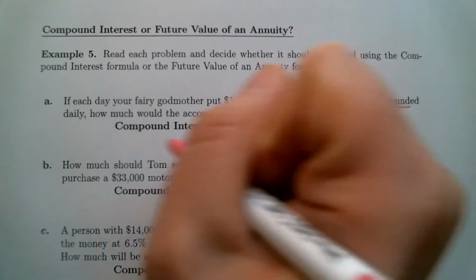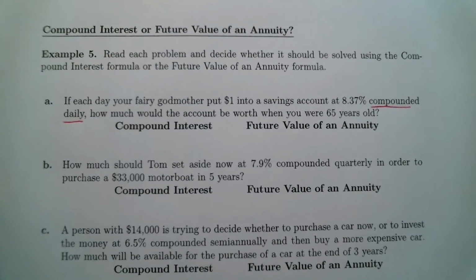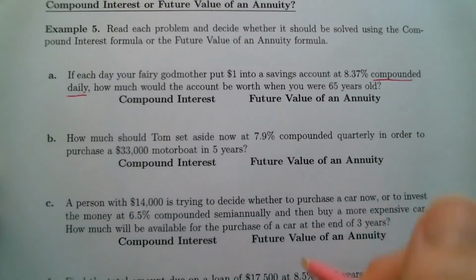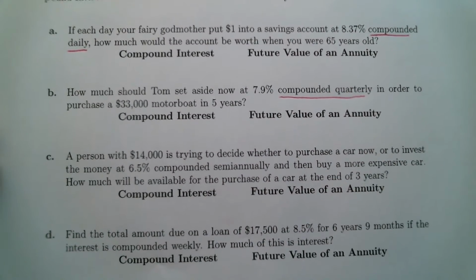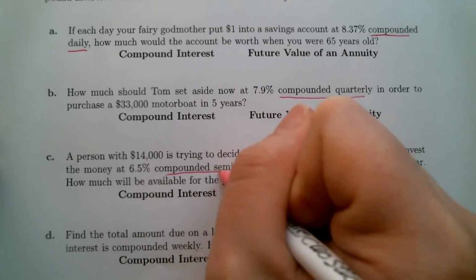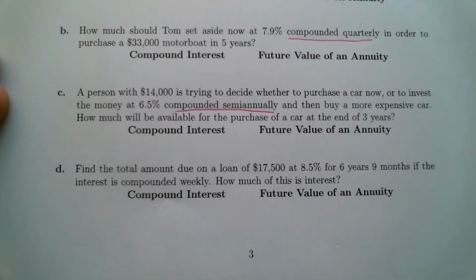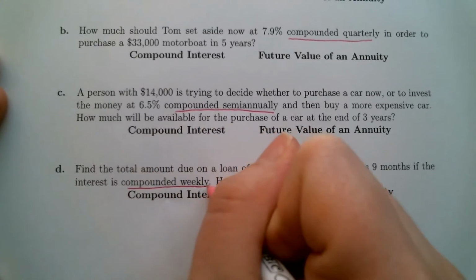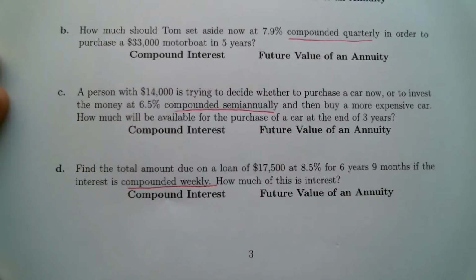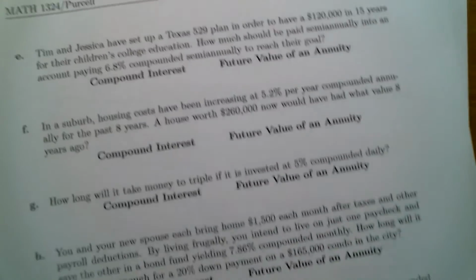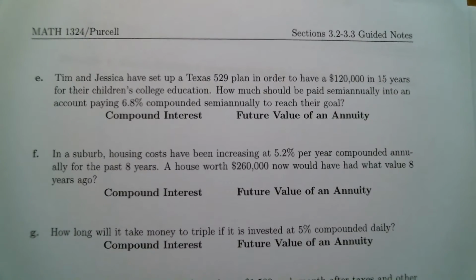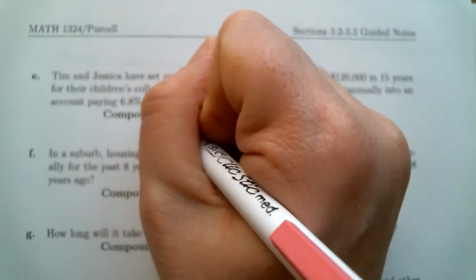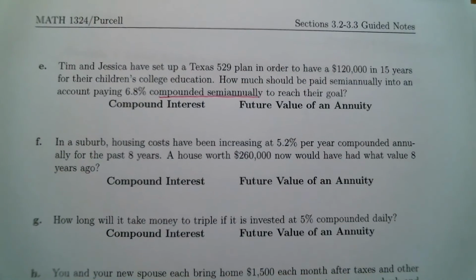So in part A, I see the phrase compounded daily. Part B, compounded quarterly. Part C, compounded semi-annually. Part D, compounded weekly. And I could keep going and doing this on the next page. So you are seeing this phrase in every single problem.